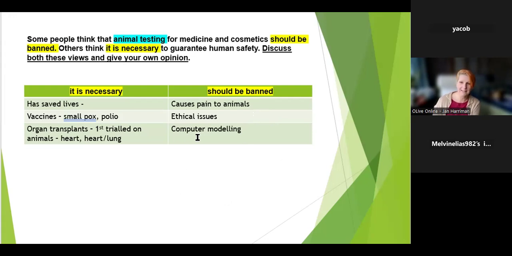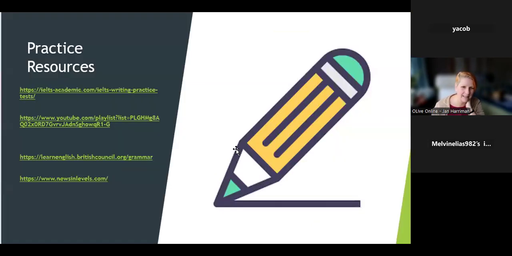Then you're ready to write. And when you get halfway through your first paragraph and your mind goes blank, you've got these notes to remind you what you're going to be writing about so you can focus on grammar and vocabulary, right? And there once again are the resources for this.